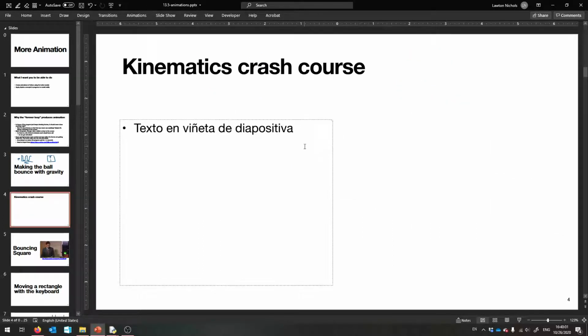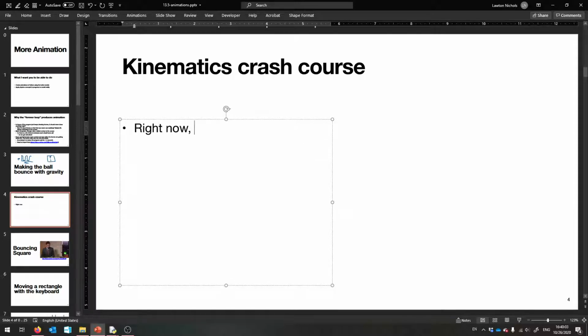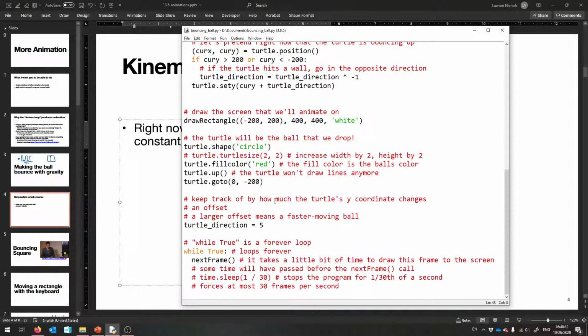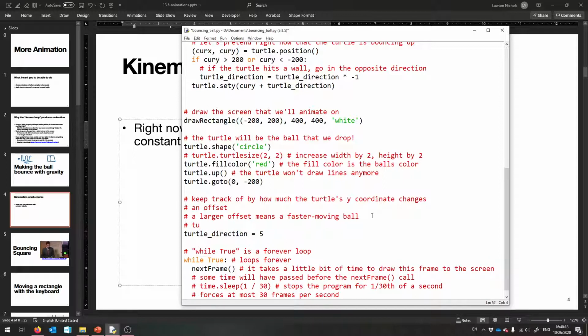All right, so right now, our ball moves with constant velocity because of this line right here. We use this direction as the velocity. Five pixels per second, or something like that. 5 units per second.